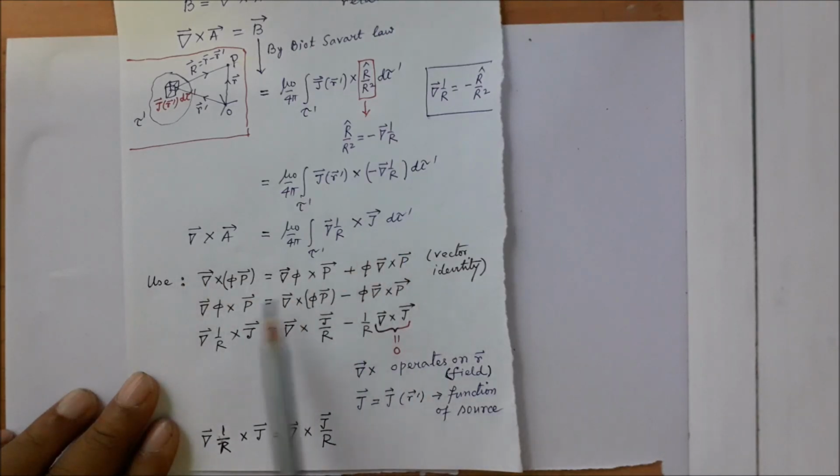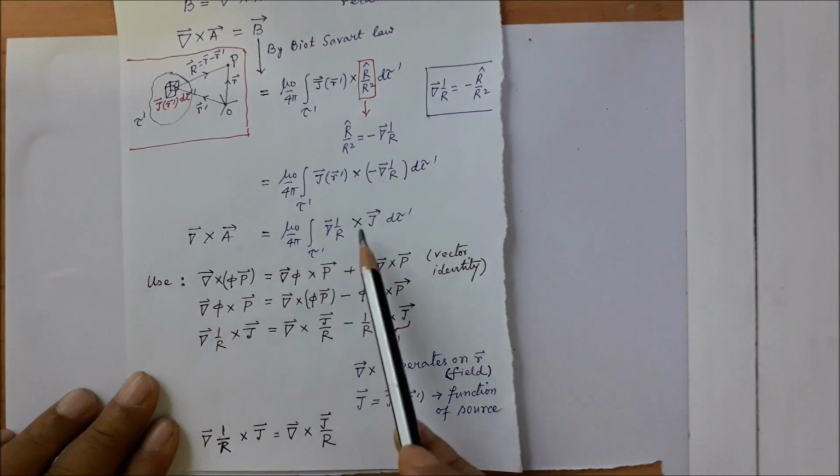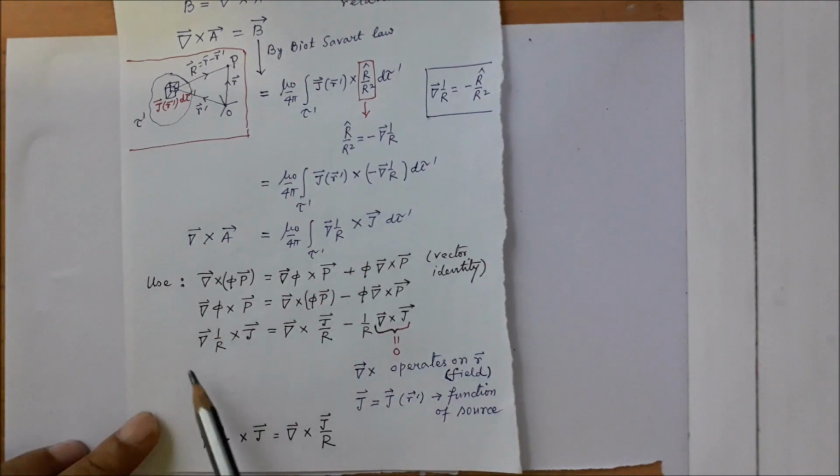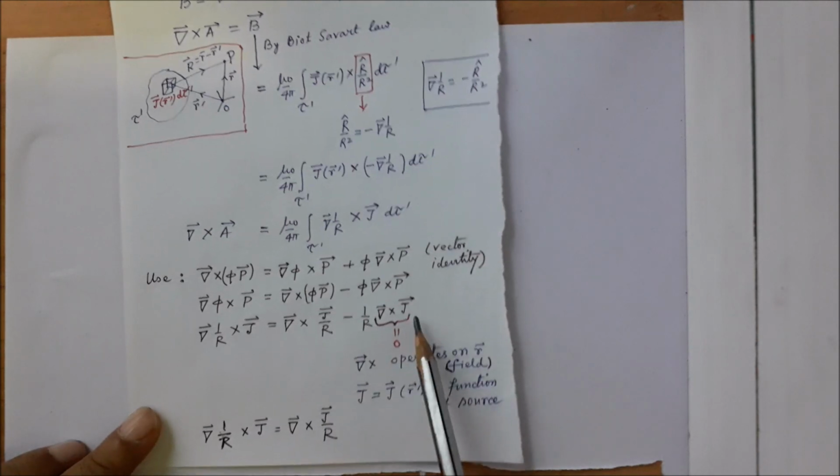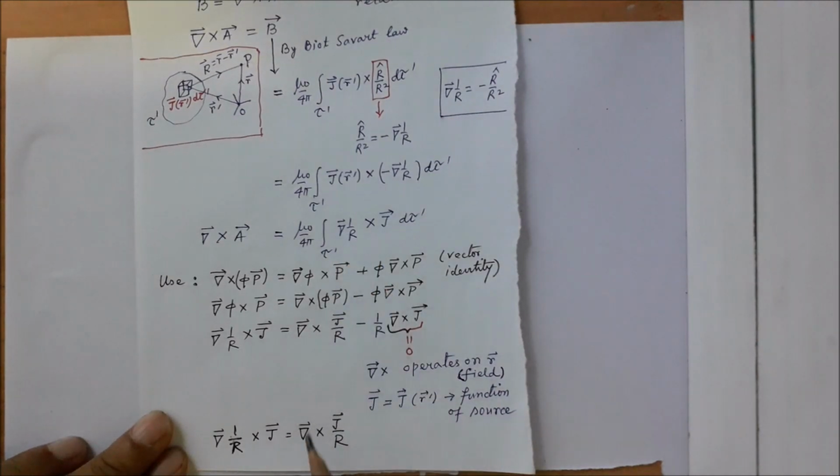As in the previous case, we can use the same vector identity, and then transposition gives us this line. We can identify 1 by r as phi and J as p to have this line where we have a curl of J, and curl operates on field, J is a source function, so this term is zero, and therefore the integrand can be written as curl of J by r.